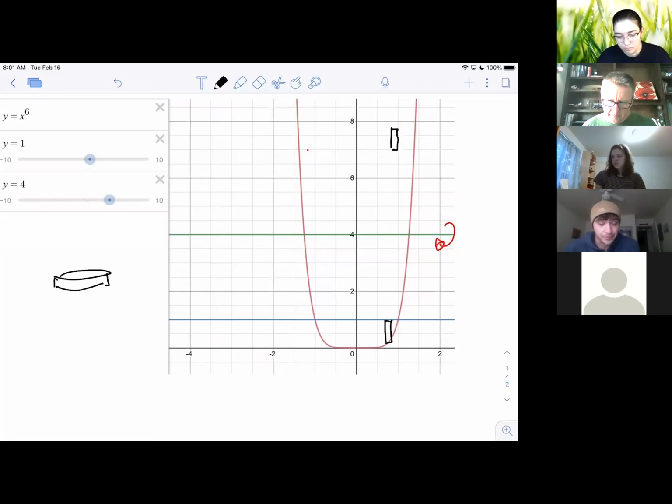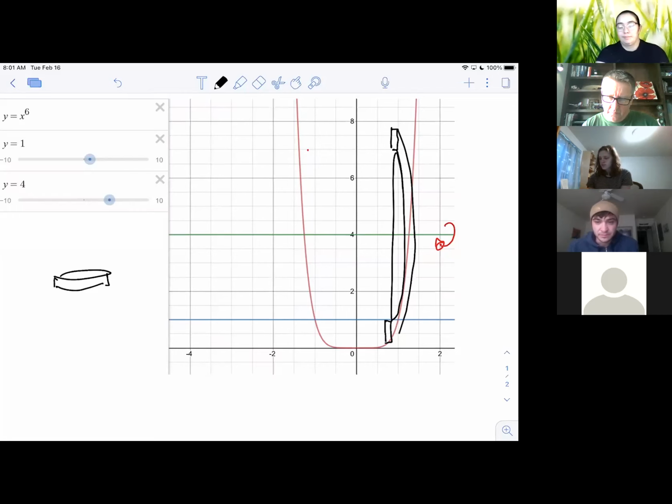It's hard to draw these. And maybe I'll leave it like that.